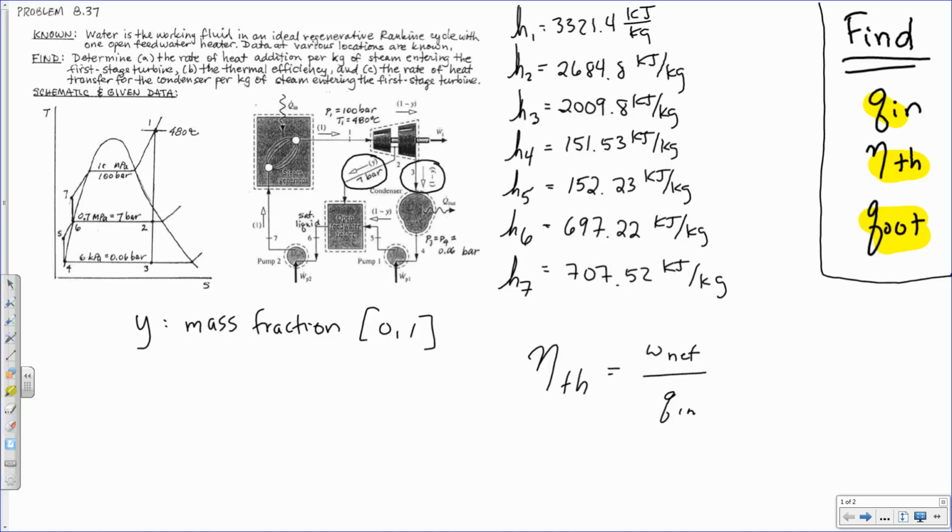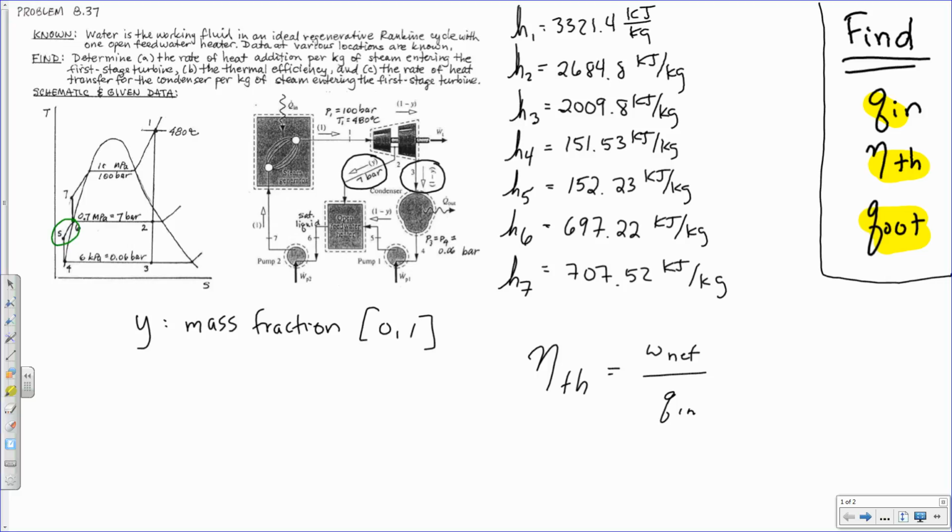By siphoning off a portion of that mass flow rate directly into the open feedwater heater, we're taking some of the workload off of our steam generator to heat up our working fluid from that small gap from state 5 to state 6.